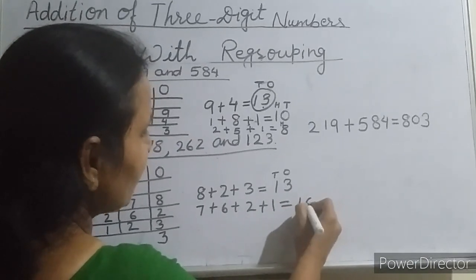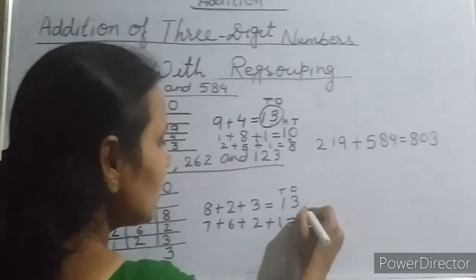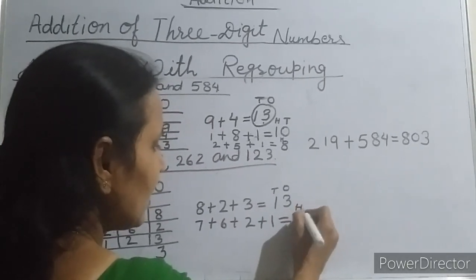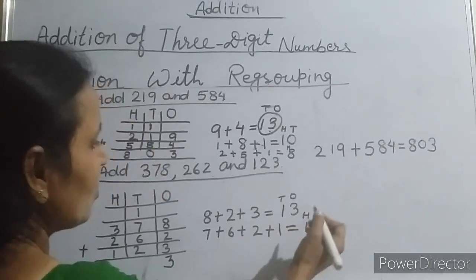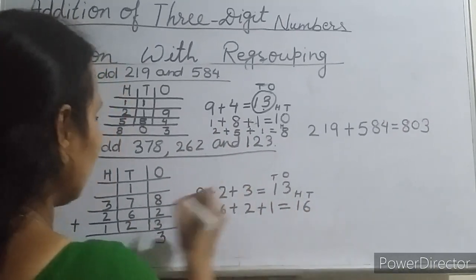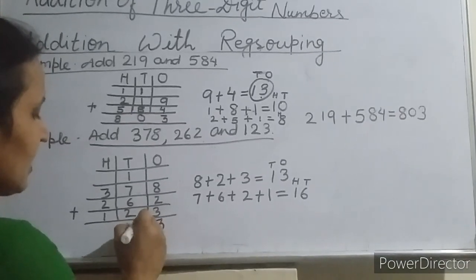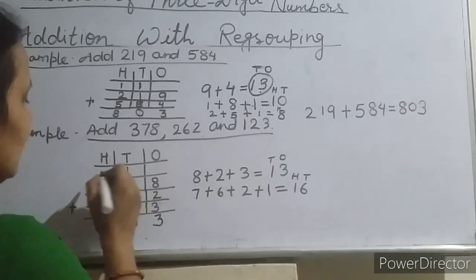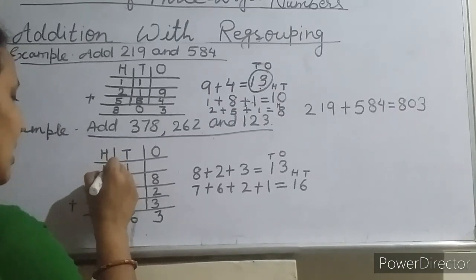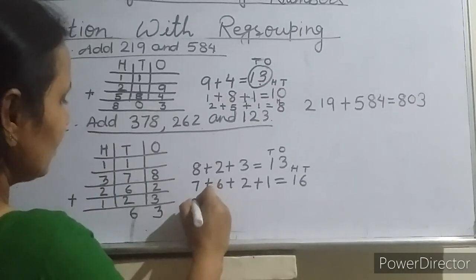So here we will regroup these numbers as hundreds and tens. So 6 we will write here under the tens column and 1 as a carryover at the 100 column.